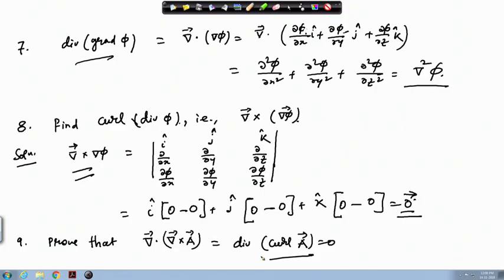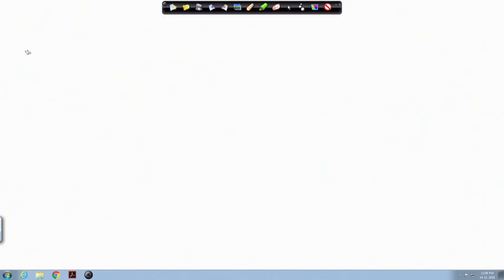So, it will be done like that, and the final result is: curl of curl of A is gradient of divergence of A minus Laplacian of A. This is also quite easy to prove.